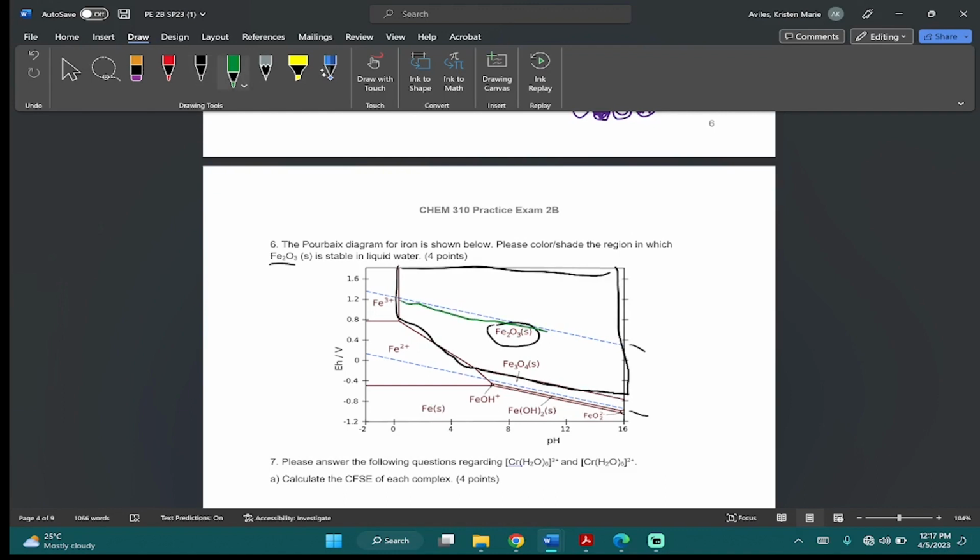So anything below this line and to here is our stable in water area. It has to be between the two blue lines and just encompassing our Fe2O3 region. It doesn't include this little region down here because that isn't Fe2O3, that's Fe3O4. Just this region right there that's colored.